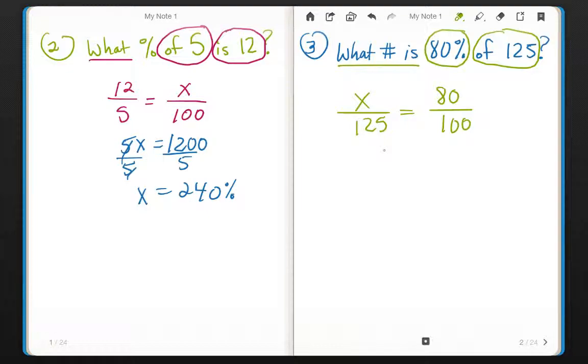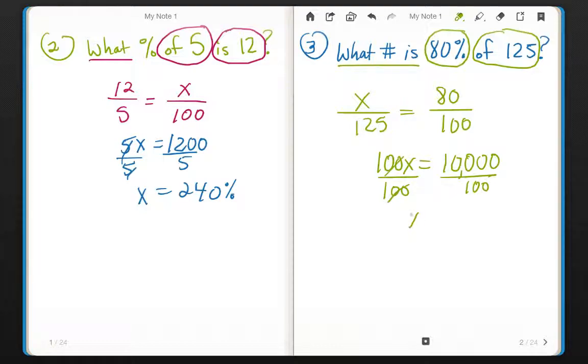I want to see, like on this one, 100x equals, and then you could type in your calculator 80 times 125. And what'd you get? 10,000. So you wouldn't have to show that multiplication, but then you show me what you're going to do to both sides. But what if you just cross out the zeros?